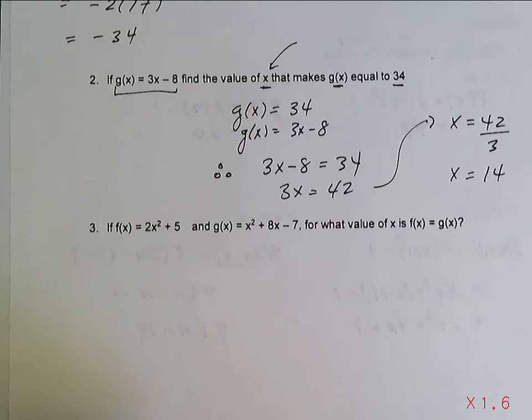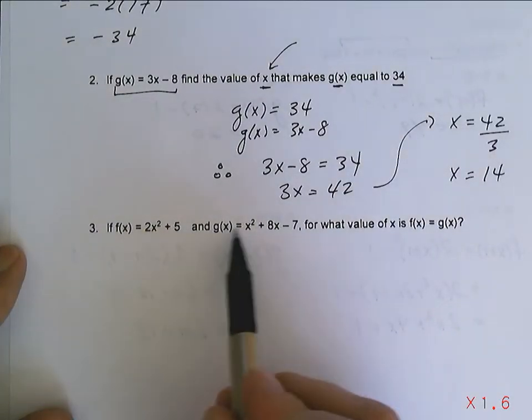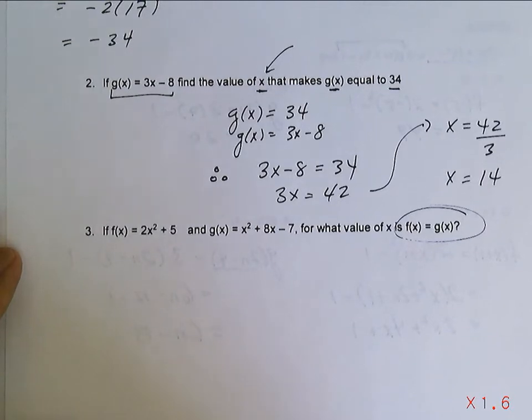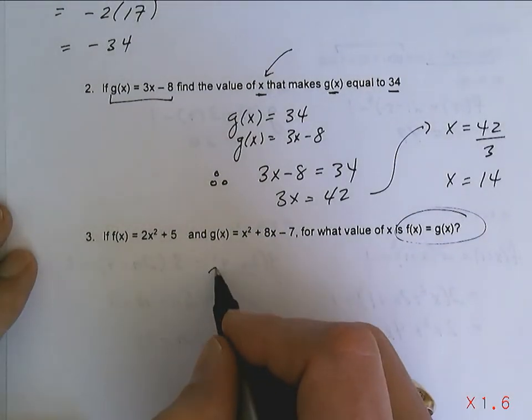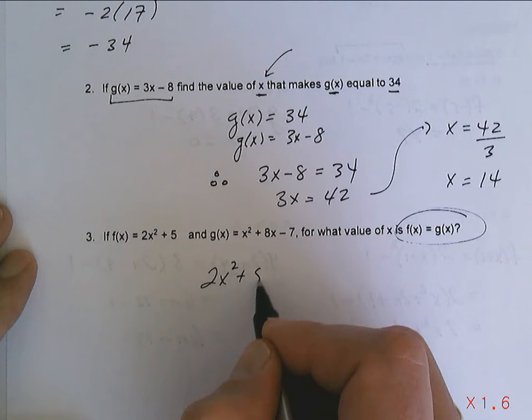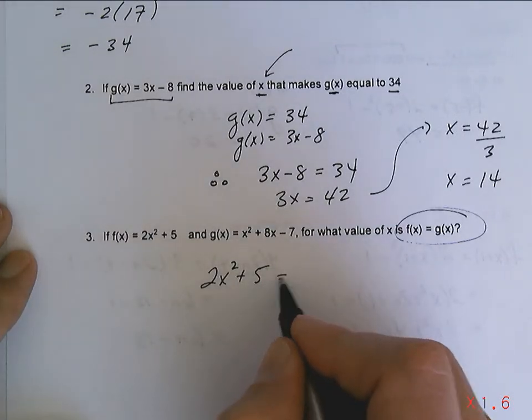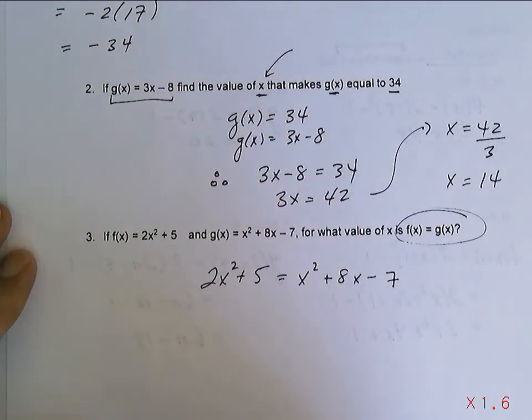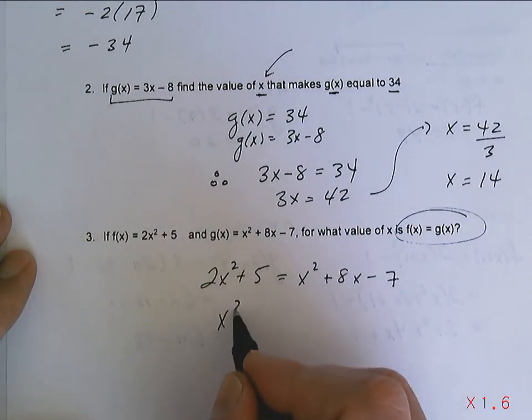Number 3, f of x equals this, g of x equals that. For what value of x will f of x equal g of x? So that's going to equal that. Rearrange it.